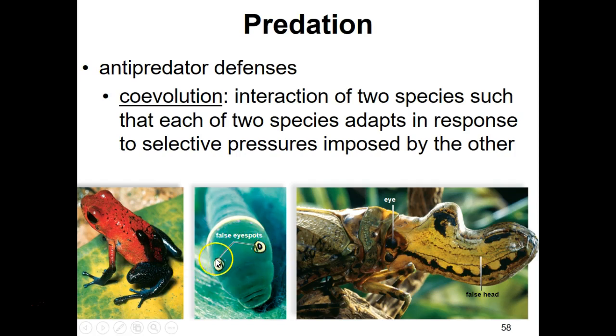So when animals come down to pick up the caterpillar, they see those eyes and they immediately think, oh, it sees me. And then this is another insect that has a false head. So when an animal comes down to swipe it, it'll grab this head and the animal can just release the head and then it is safe.